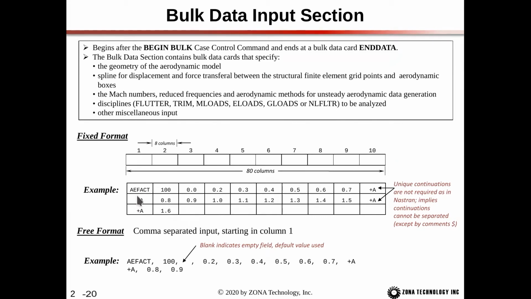So here's an example of the AEFACT card. AEFACT will take up 8 characters. So in your input deck, you would have AEFACT space, and then you have the integer 100. This 100 can appear anywhere within the 8 characters of the second field. And then we have 0.0 in the third column.